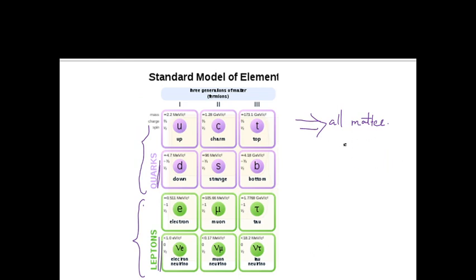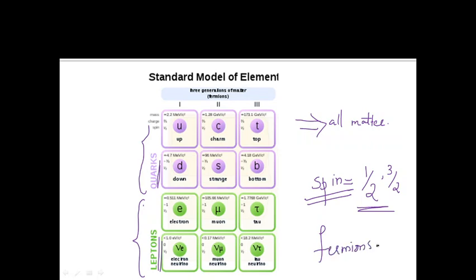Now, all these particles that we have mentioned, quarks and leptons, have a property called spin, which is an intrinsic property of these particles, and the spin of all these particles is equal to 1 by 2. So these particles with spins of 1 by 2, 3 by 2 or odd integral multiples of 1 by 2 are broadly called fermions.